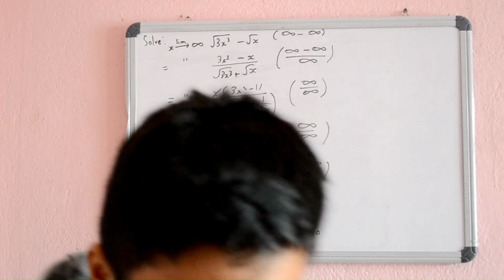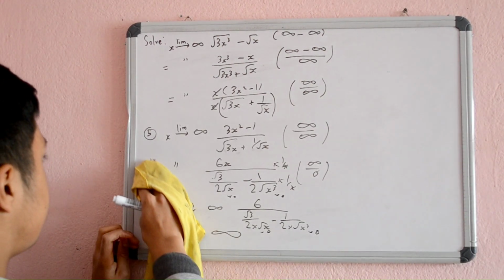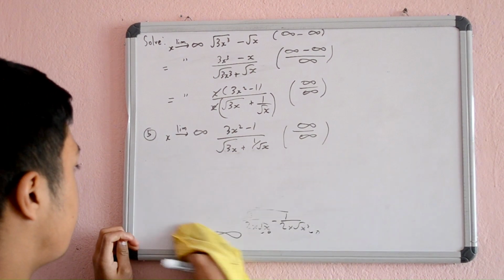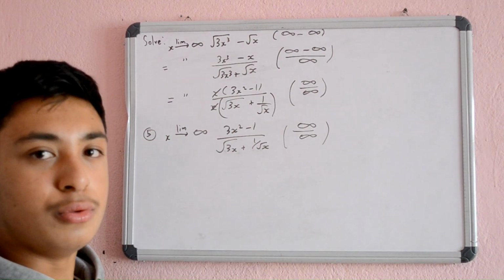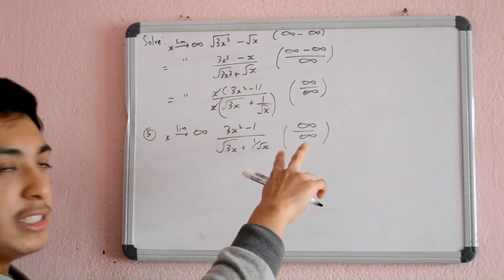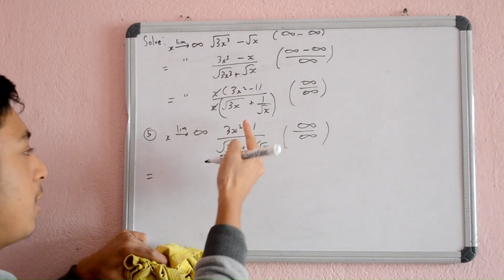Now, for the sixth process, what I would like to do here is separate the two numerators.